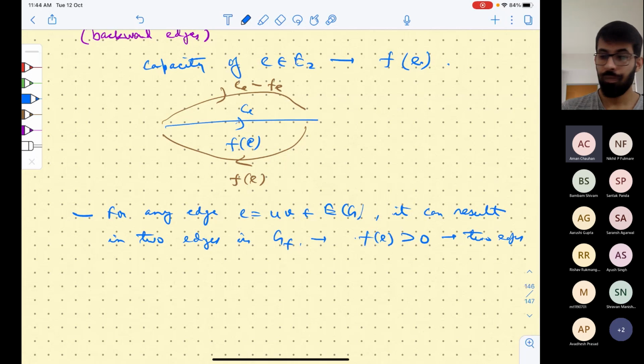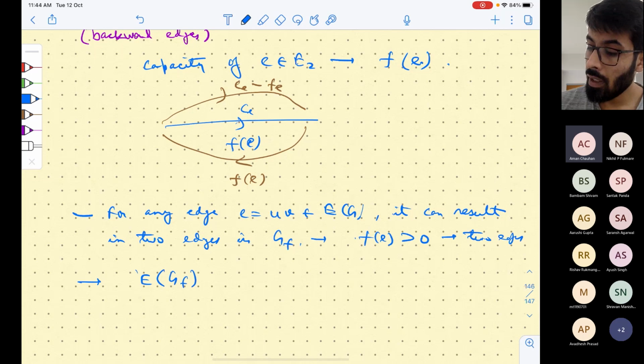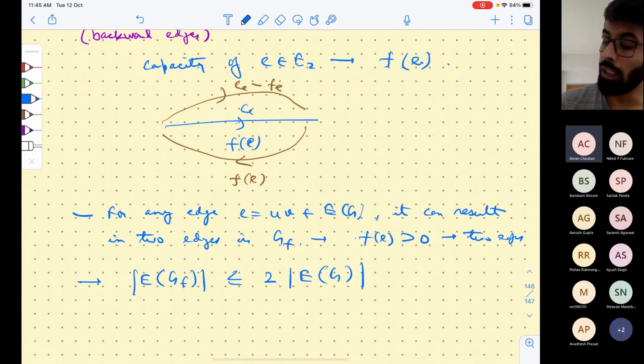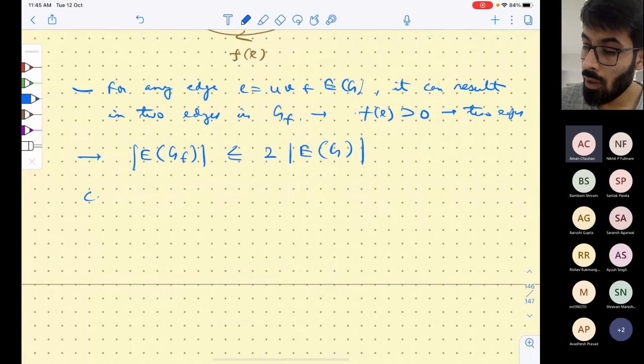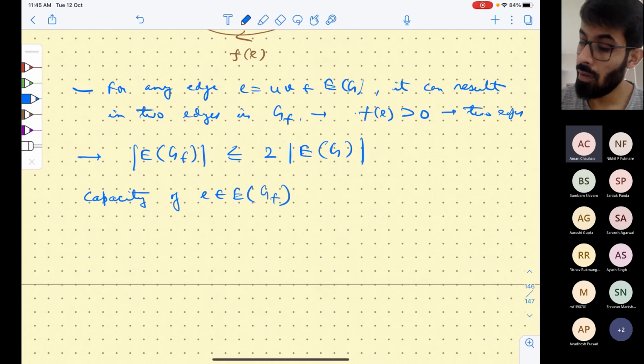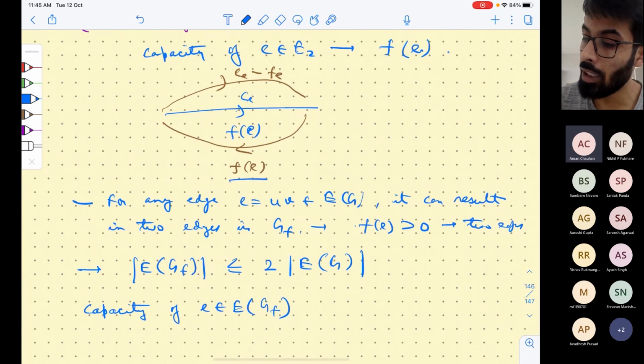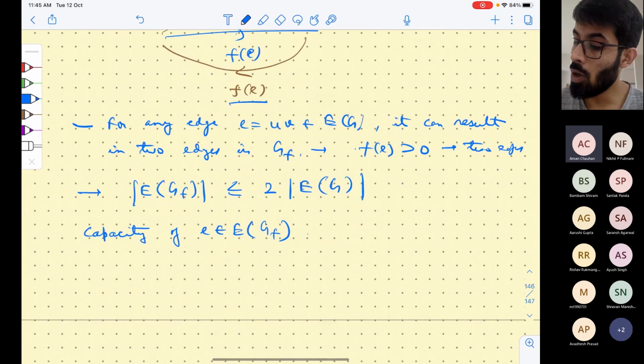Also, in this graph GF, the edge set of GF is at most two times the edge set of G, because one edge in G can give rise to at most two edges in GF. And the capacities of E belonging to the edge set of GF, the way we defined above, like this FE or CE minus FE, the capacity is called residual capacity.